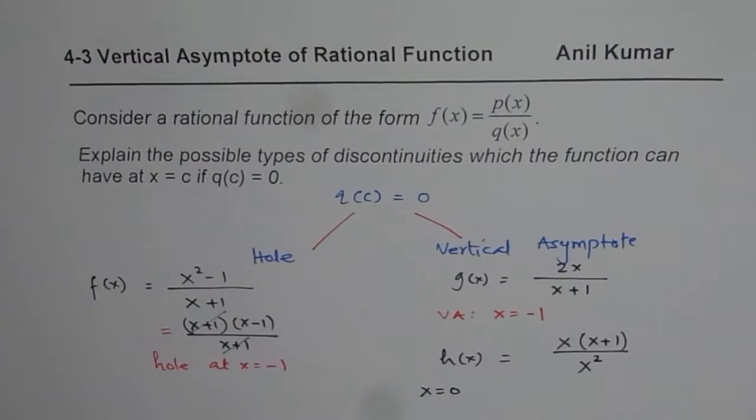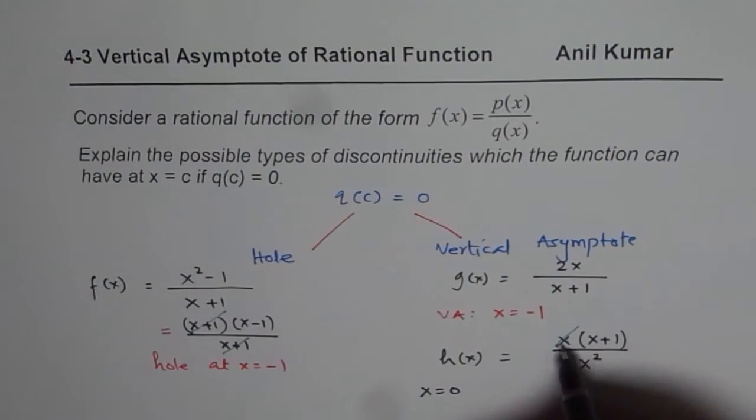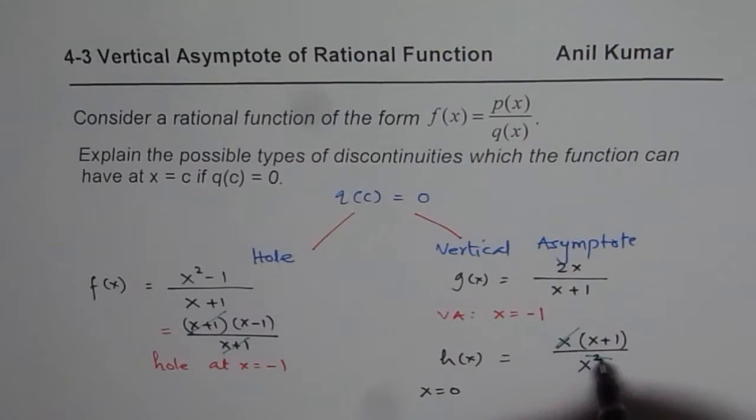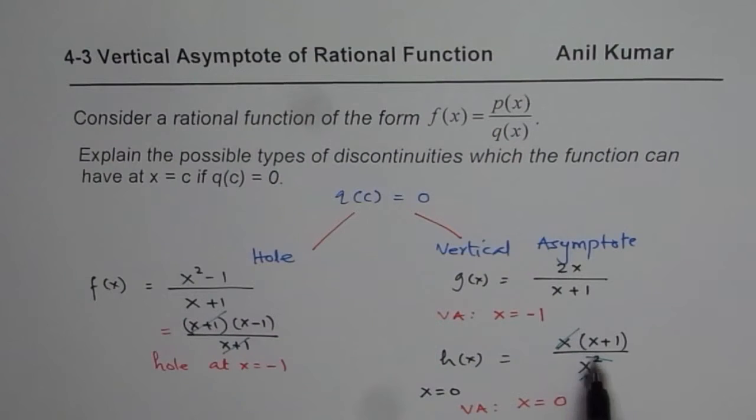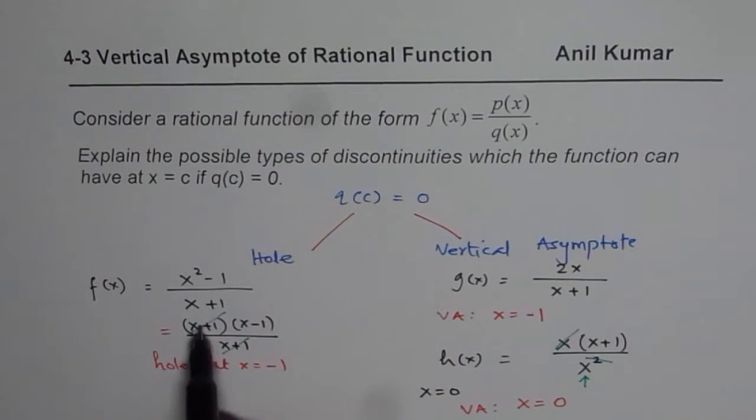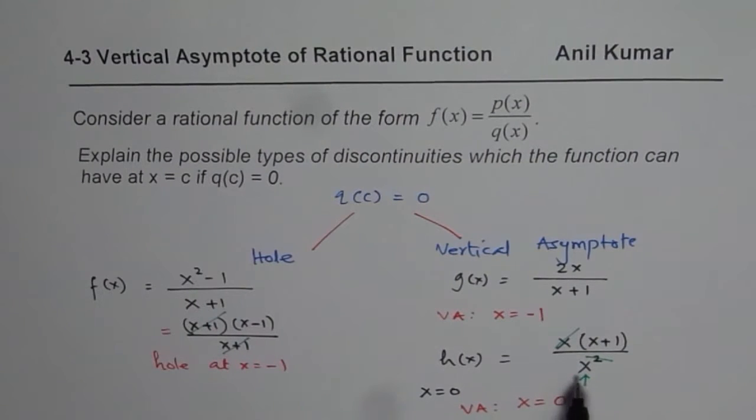We do have a common factor which cancels off. So what do we expect? We expect a hole, but we still have one x remaining in the denominator. That results not in a hole, but in a vertical asymptote at x = 0. So at times, in spite of the fact that we have a common factor in numerator and denominator, we may not have a hole. That is very important to understand.